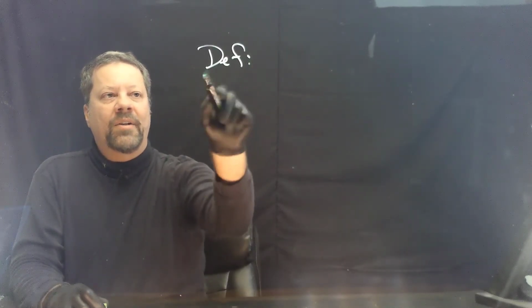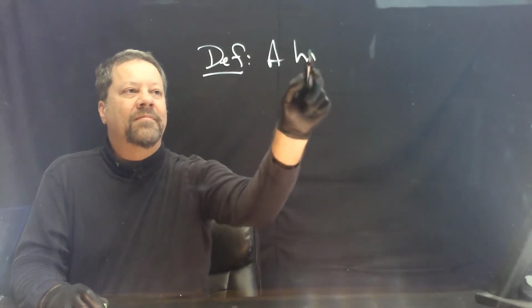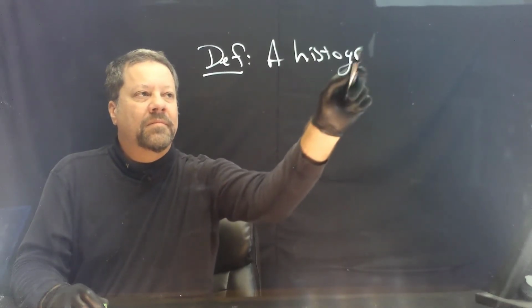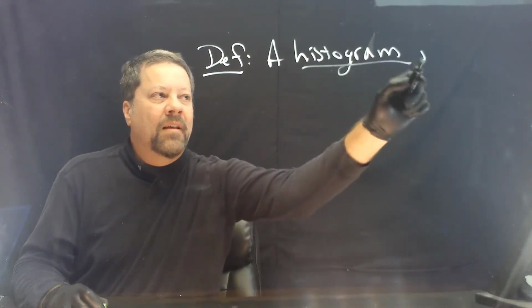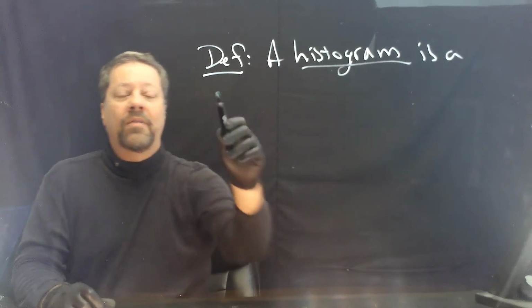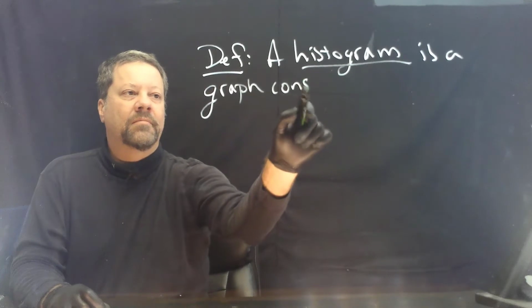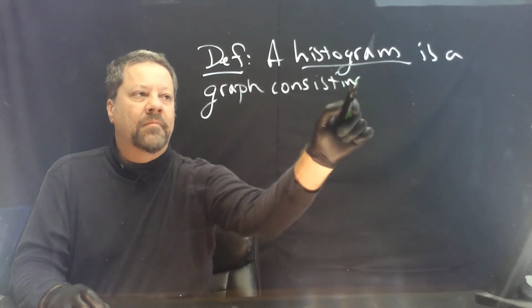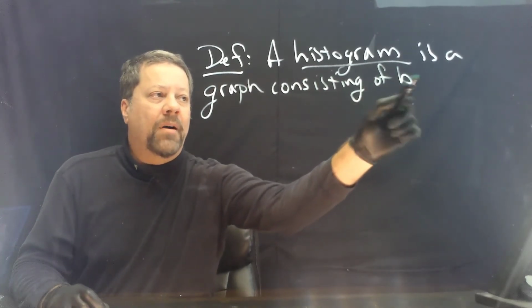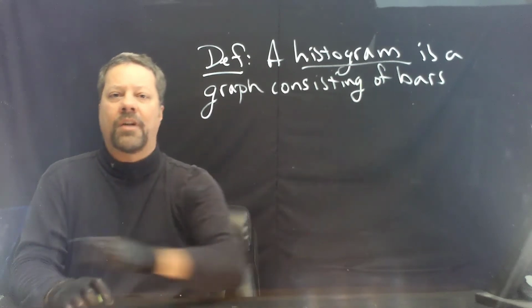What is a histogram? It is a graph consisting of bars, so it's a type of bar chart.